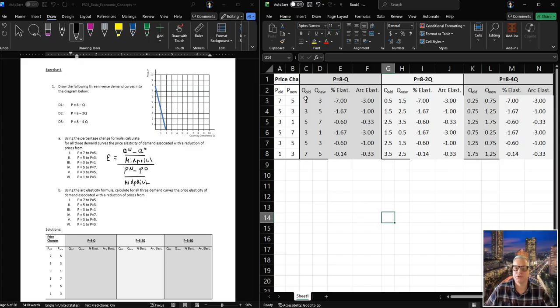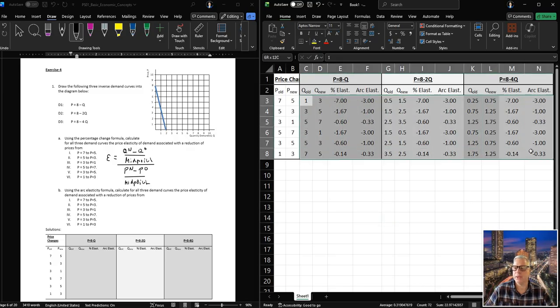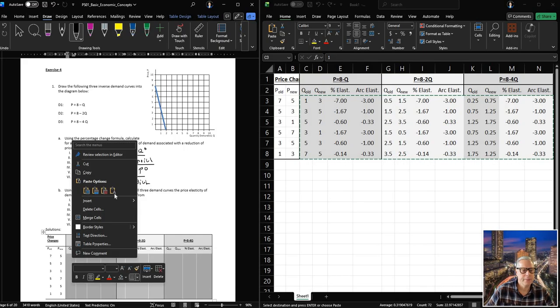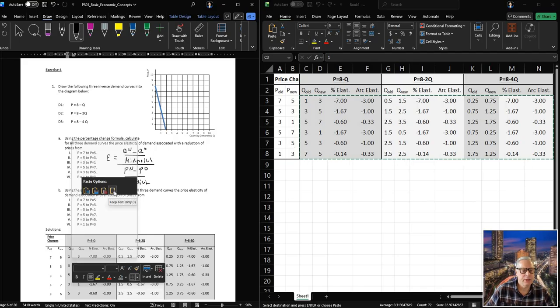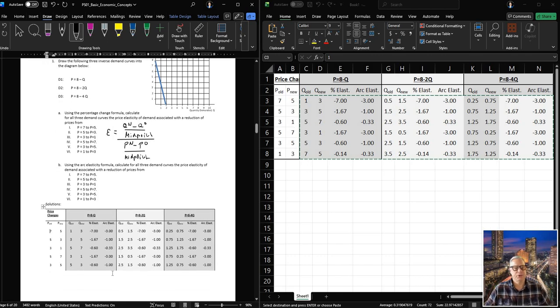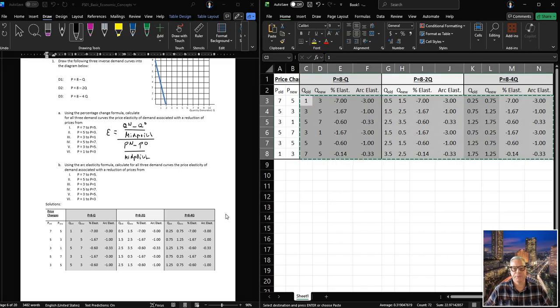Okay, so the answers are basically now here, and I can copy them back here. Probably like this. So now we have the correct elasticities here. And again, the formula is straightforward.